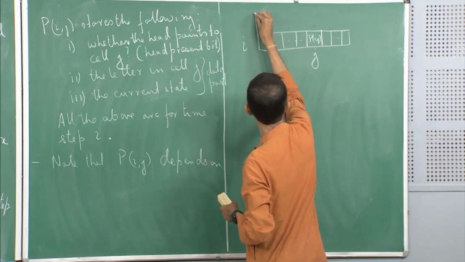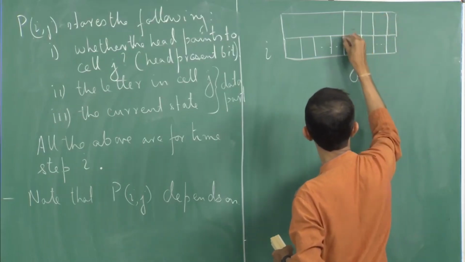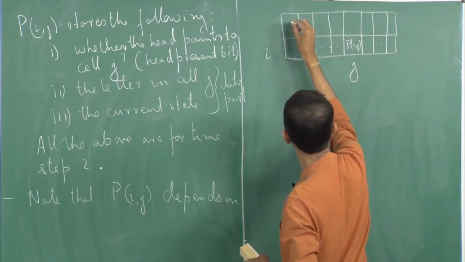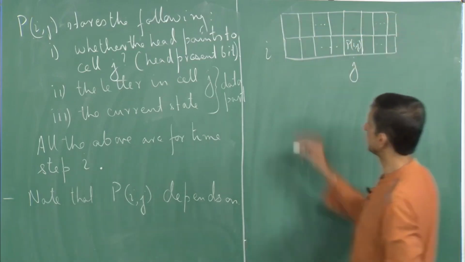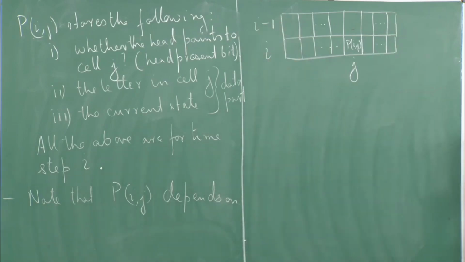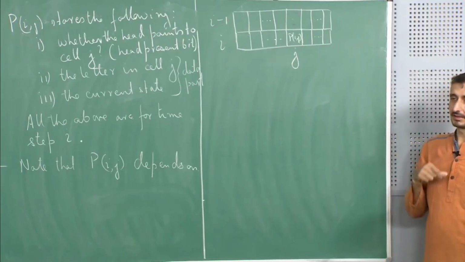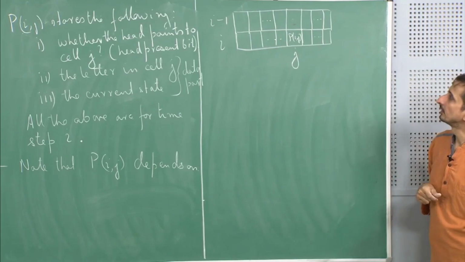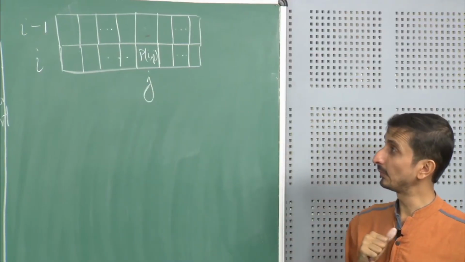So, I have the I minus 1th row over here. So, of course, it will depend on the previous cell. I am sorry, I j minus 1, this one, how?